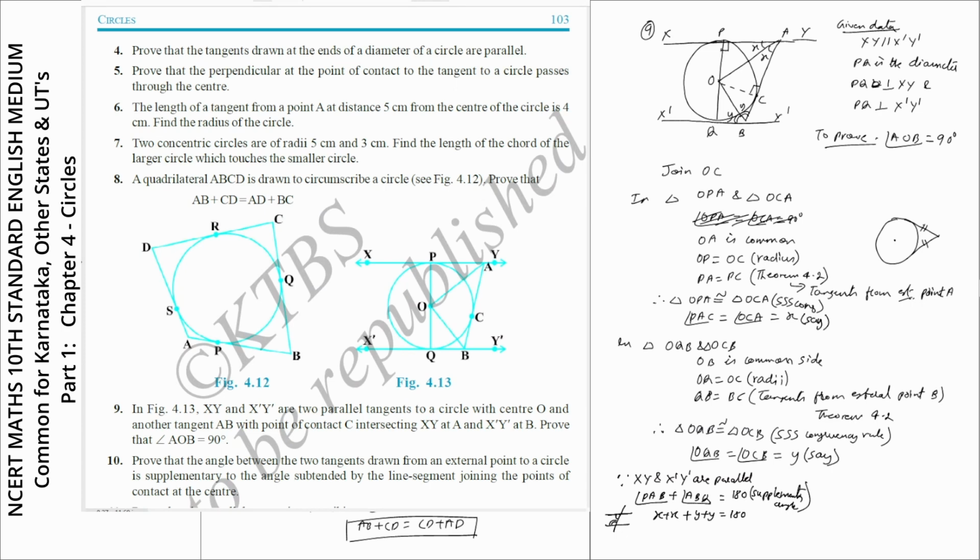Therefore x plus x plus y plus y is equal to 180 degrees. So 2x plus 2y is equal to 180 degrees. Therefore 2 into (x plus y) is equal to 180 degrees. So 2 1s are 2, 2 9s are 18. Then x plus y is equal to 90.